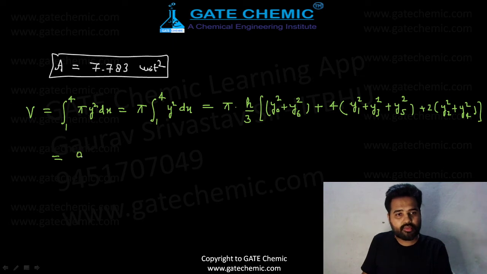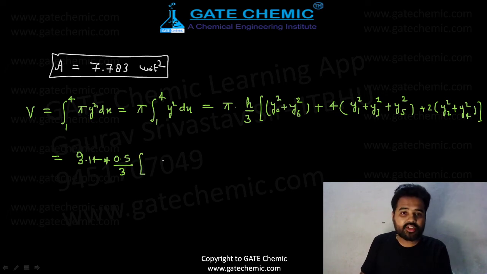So pi was 3.14, multiplied by h, the interval, which was again 0.5, divided by 3, and y naught square, y naught was 2.